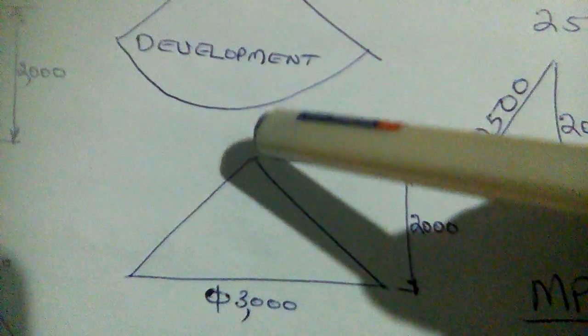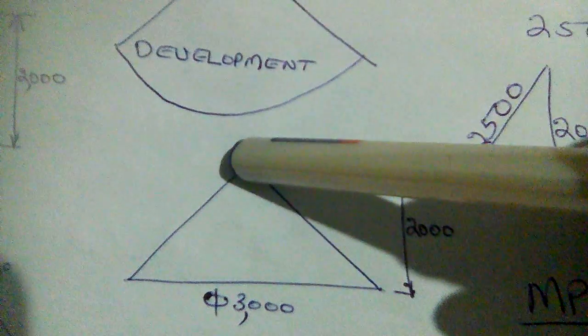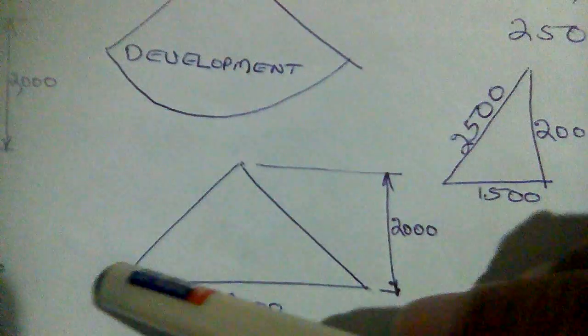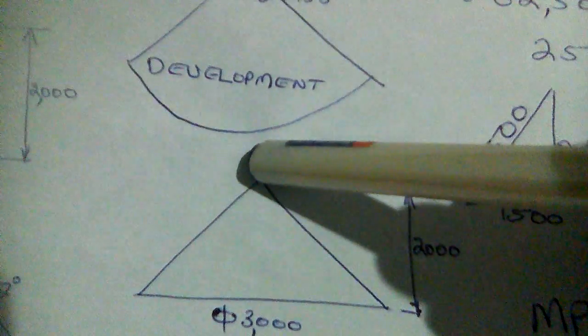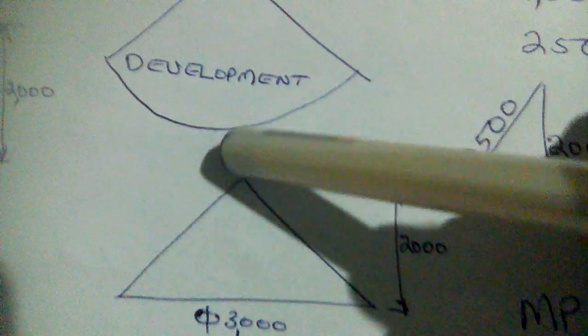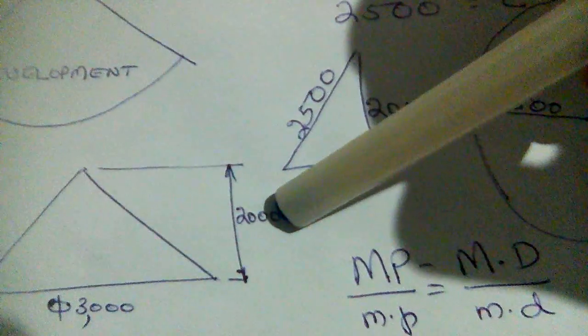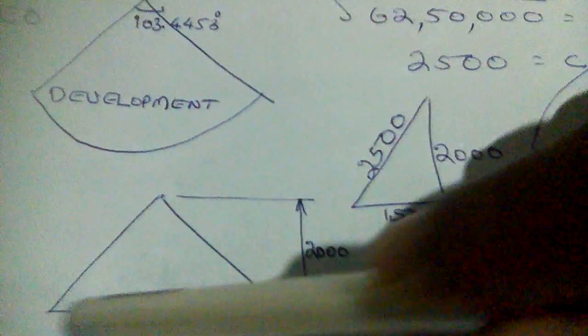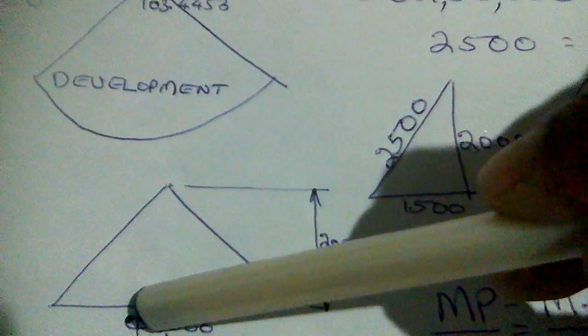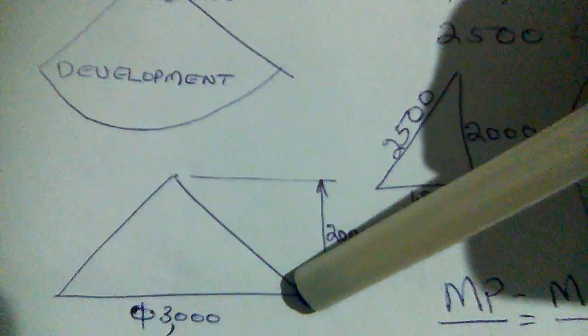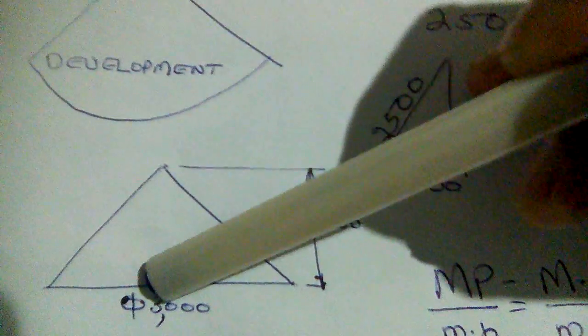So just think about a triangle which starts from here, reaches here, and finally ends here. That triangle's this measurement will be 2000. Everybody knows it. And that triangle's this measurement will be 1500 because this total length is 3000. Its half is 1500.